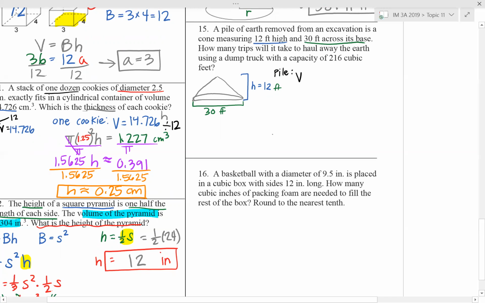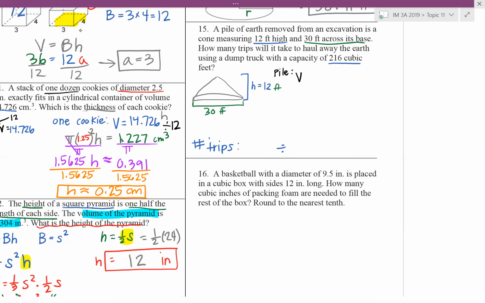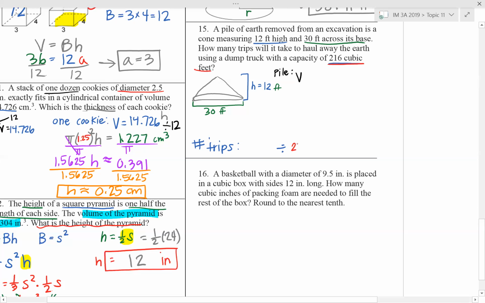Then, to find the number of trips, it will be equal to our volume divided by that capacity. We're going to divide by that 216 cubic feet to figure out our answer.